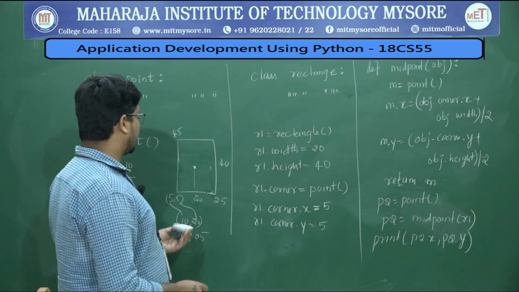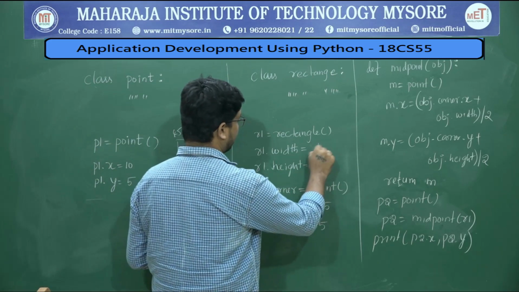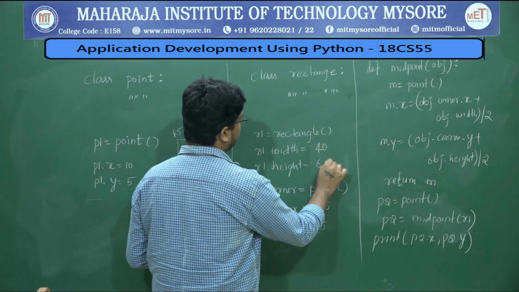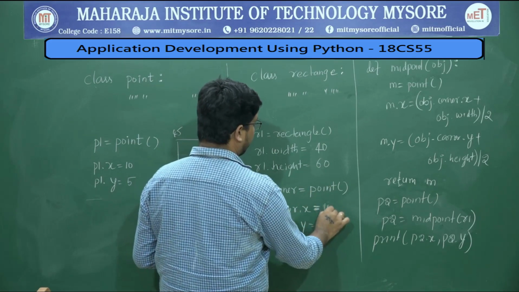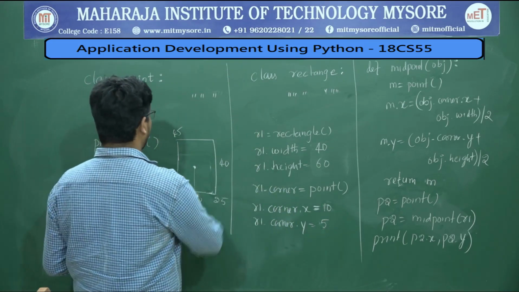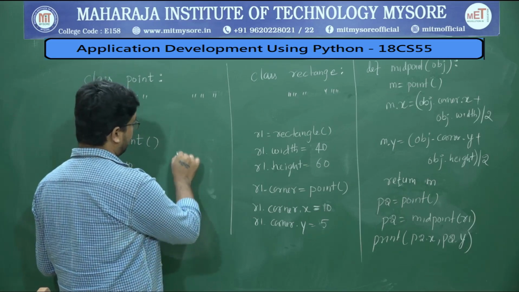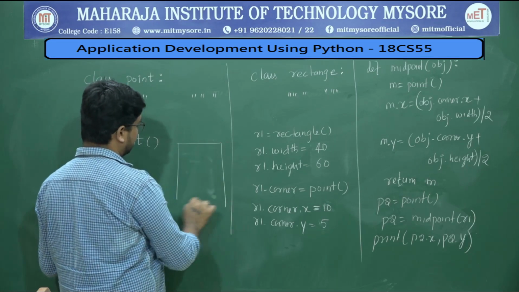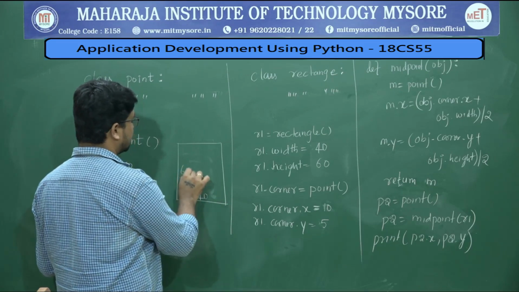In the same way, let us say I will consider this as 40, this is 60, and corner is 10 comma 5. Then how do we get to know? There will be a rectangle which is 40 in width, 60 in height.